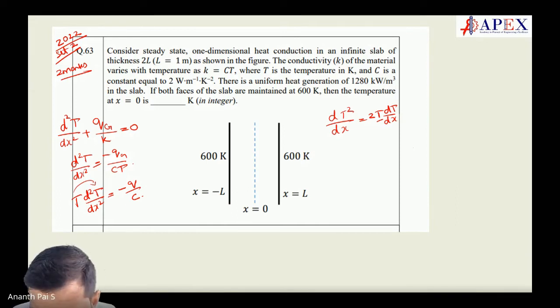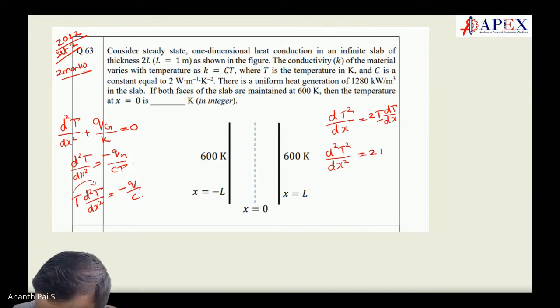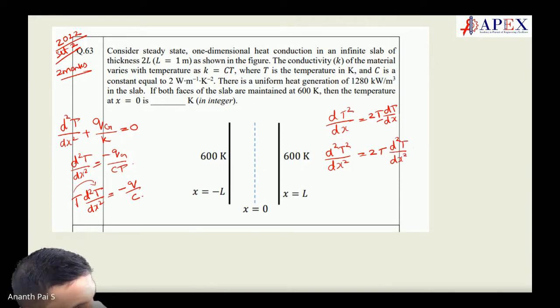Okay. Now, if I write d square t square by dx square, will it be equal to 2t into d square t by dx square? Yes or no? Can I write it like this? You have to differentiate this.